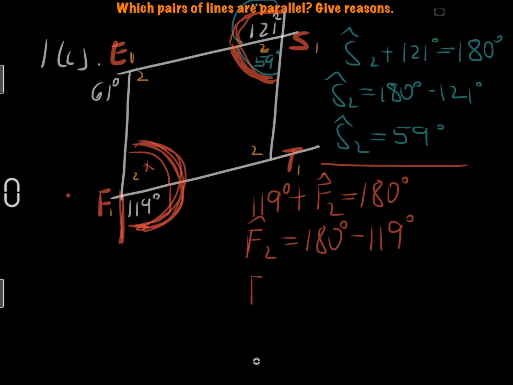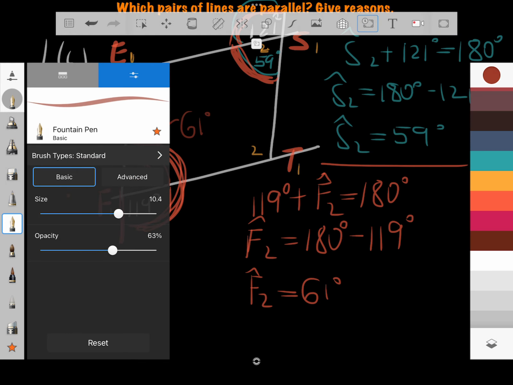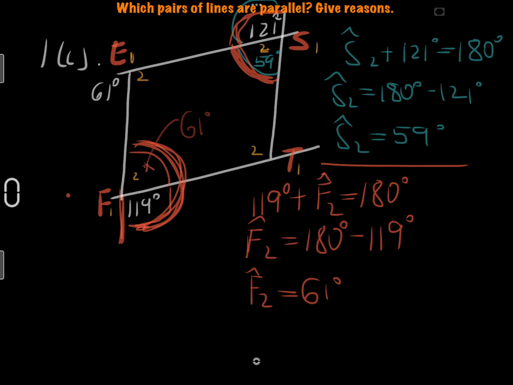That gives us angle F2 to be 61 degrees. So here we have an angle of 61 degrees. Okay, so that's what it means.